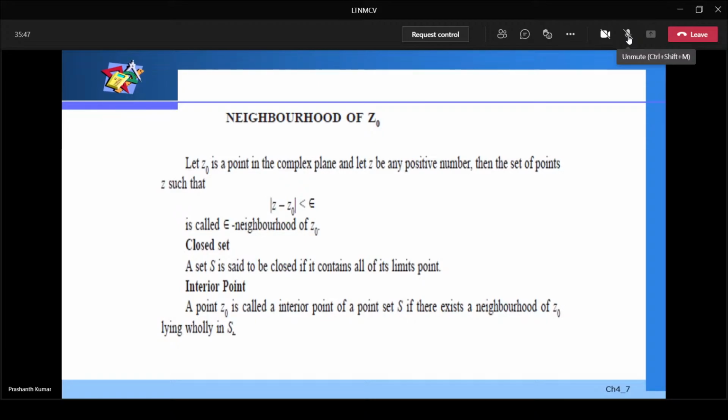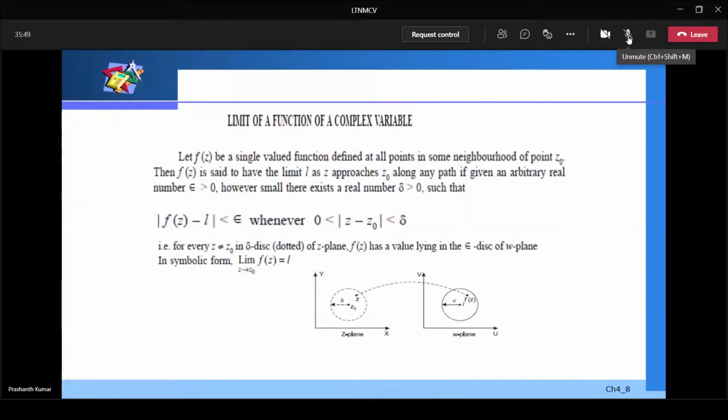ఓకే సార్. Okay, let f of z be a single valued function defined at all points in some neighborhood of a point z0. Z0 దగ్గర ఆ ఫంక్షన్ వాల్యూ we are taking the neighborhood point of z0 we are considering.